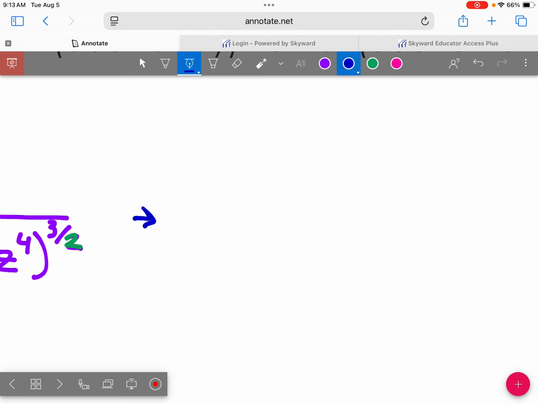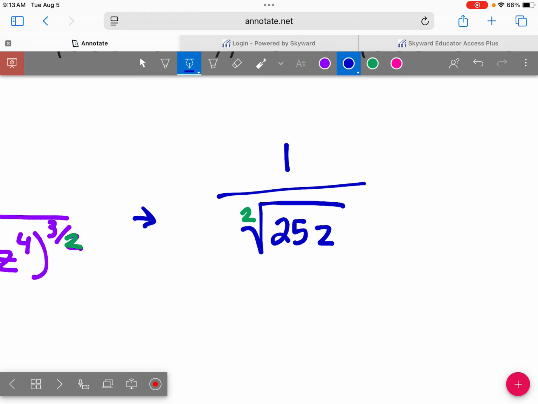So we're going to have our 1 over, and we can take and do our index of 2 with our 25z to the 4th. And then I'm going to put on the outside our cube. Now, you can do the cube first if you want to, but since I saw we were doing a square root and I saw a 25, I'm like, ooh, square root first. We like that.